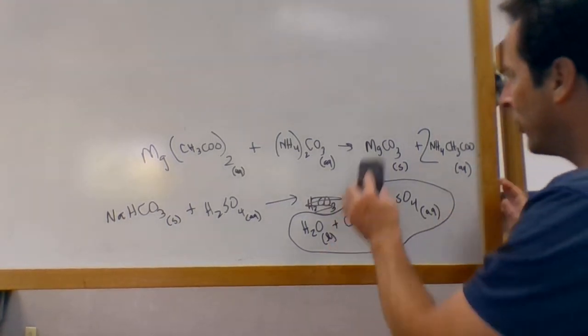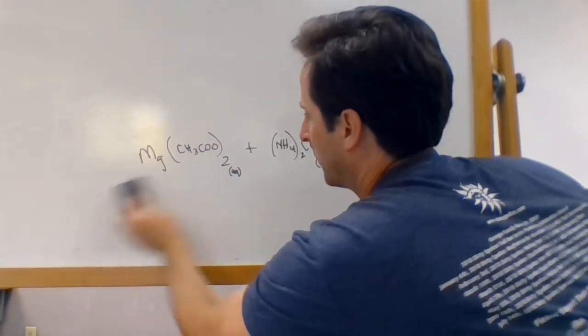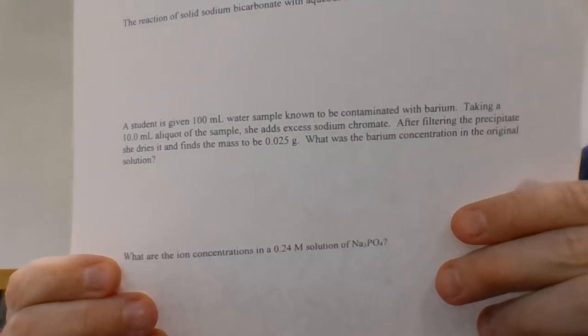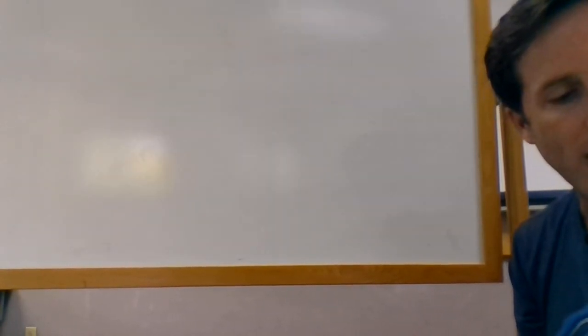Now I'm going to move to my third problem. So the third problem is the one that's the paragraph. So take a look or take a picture. All right, so I've got a solution, a water sample that has barium in it.